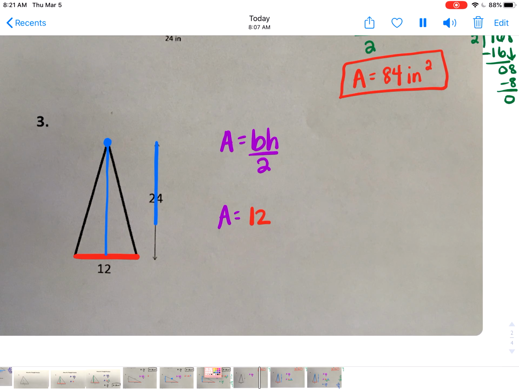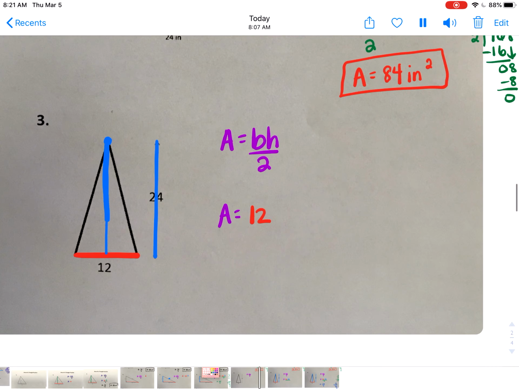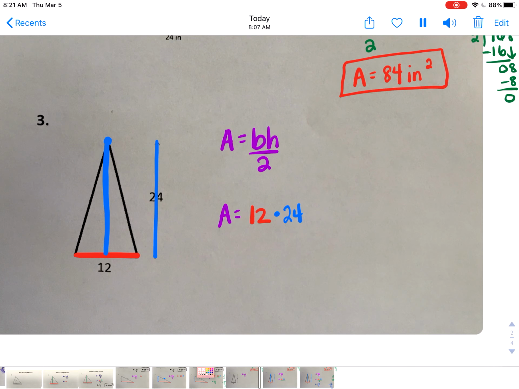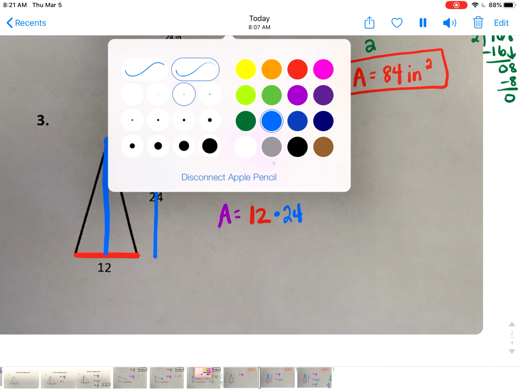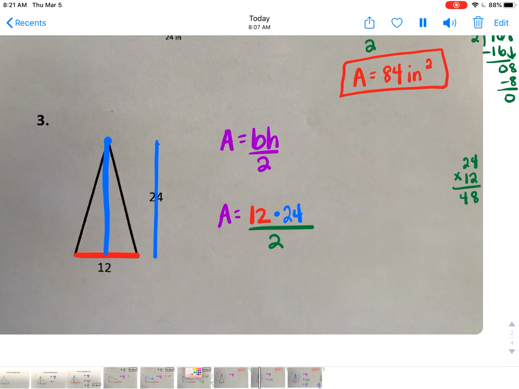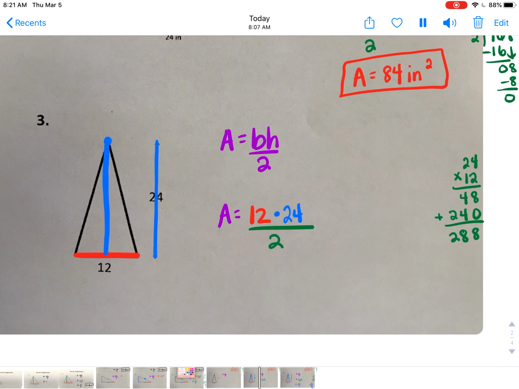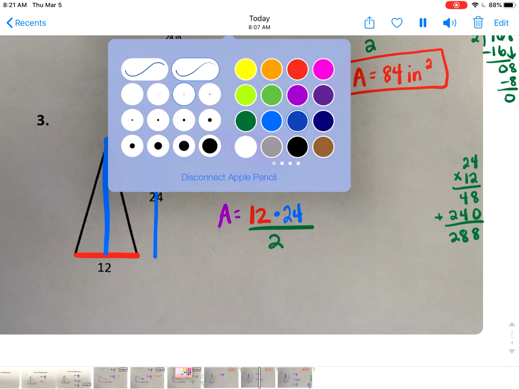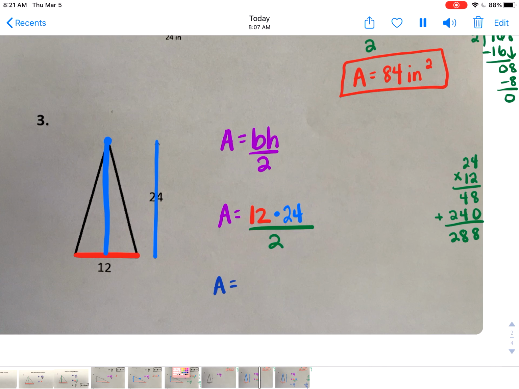And is this line the same as this line? It sure is, so I can say that my height is 24, and then that's going to be divided by 2. Okay, so 24 times 12. Okay, so now I have area equals 288 divided by 2.